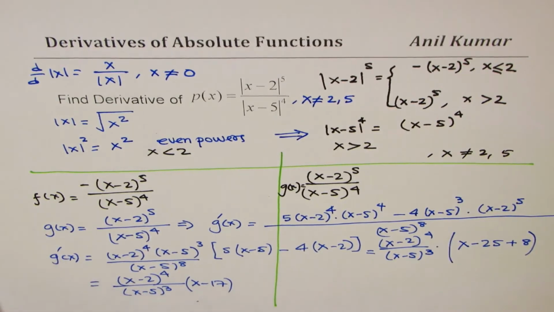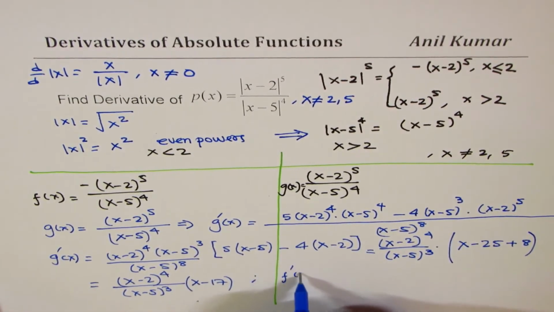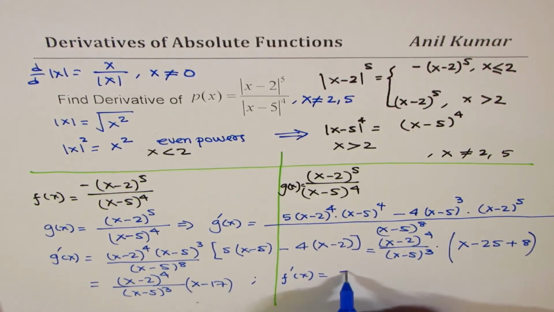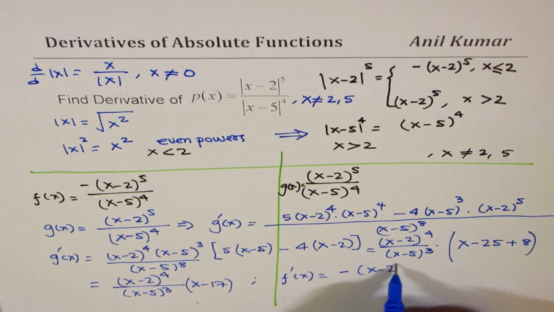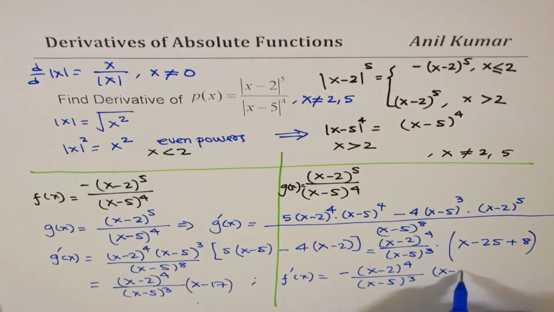Right? So this is g dash x. Similarly, we could write f dash x as equal to the negative of all this, right? So we have negative of (x minus 2) to the power of 4 over (x minus 5) to the power of 3, times (x minus 17).